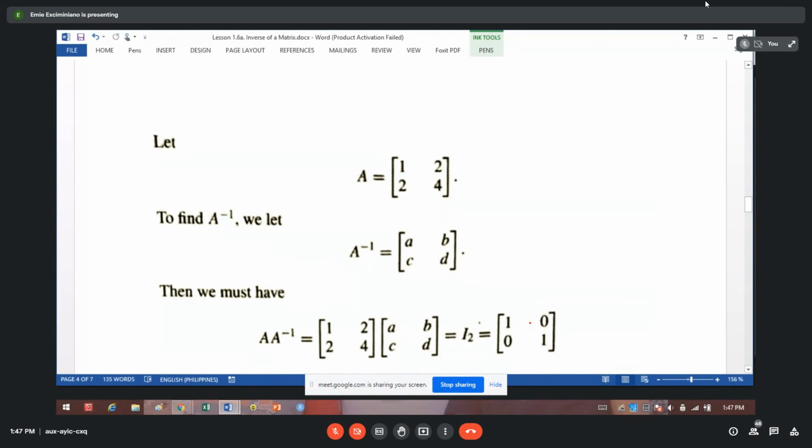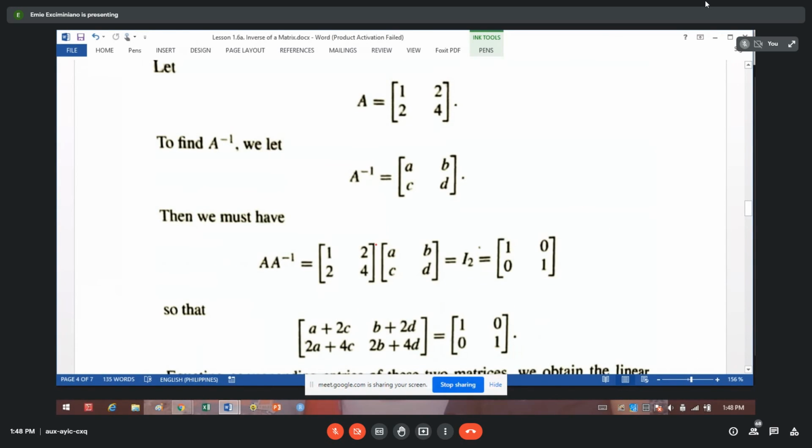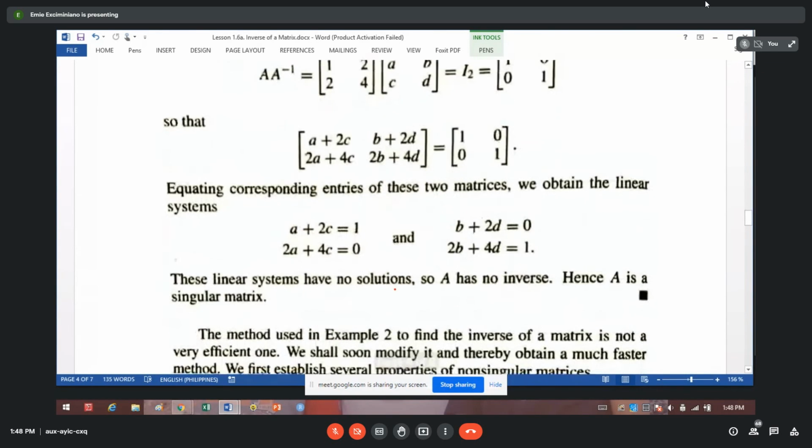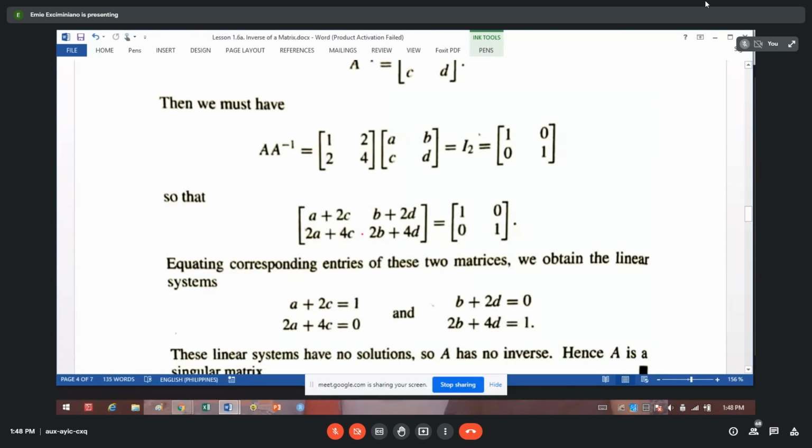Example number 3. Okay, ito yung given matrix. 1, 2, 2, 4. Okay. Ganun din yung steps in finding A, B, C, and D. Okay? Very similar. First row, first column. Ito siya. First row, second column. This one.